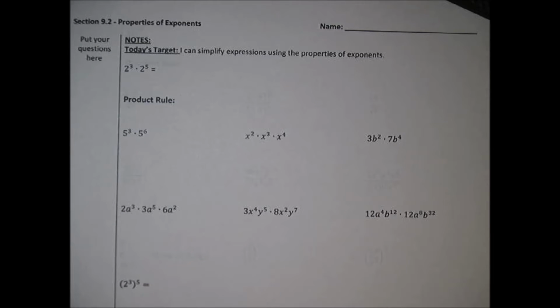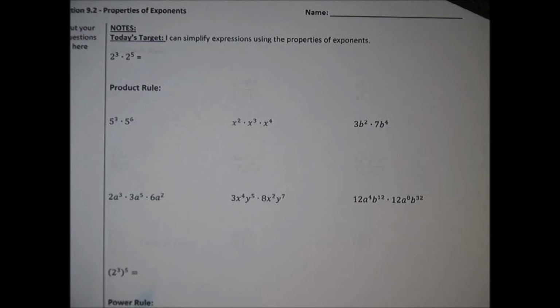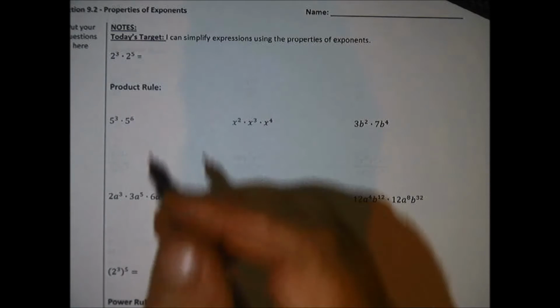You already have a sneak peek as to Section 9.2, Properties of Exponents. And today we're going to be simplifying expressions using those different properties. Let's look at a review from yesterday.